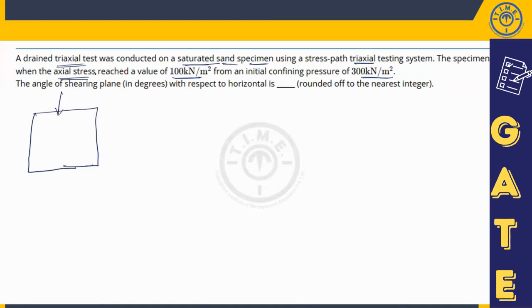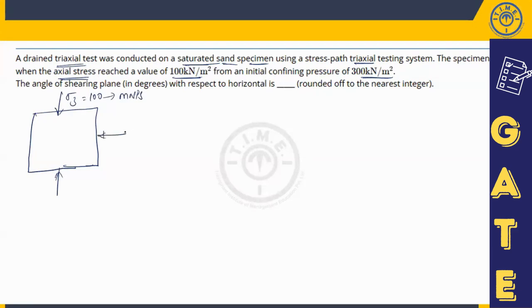Let me draw the diagram, my dear students. Where he told axial stress reached a value of 100, this is the axial direction, so we have minor principal stress sigma 3 equal to 100. This is MNPS, minor principal stress.